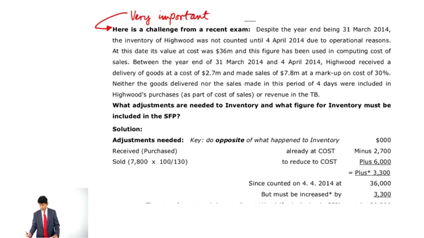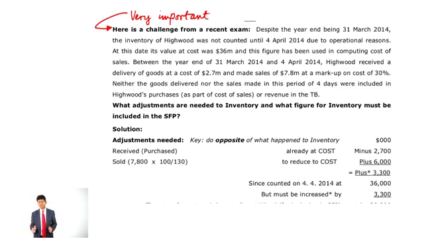And here is a very important challenge from a recent exam. Let me read this with you. This is to be found on page 165. Despite the year end being the 31st of March 2014, the inventory of a company called Highwood was not counted until 4 days later. So would you agree it's 4 days too late compared to the year end?